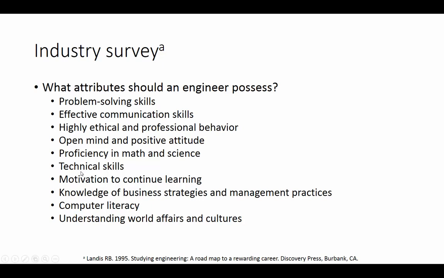Engineers should have technical skills. That goes without saying and really does not need any more talk. Certainly we need the appropriate set of technical skills if we are to perform well as engineers.